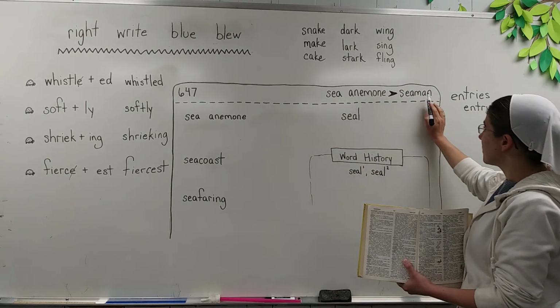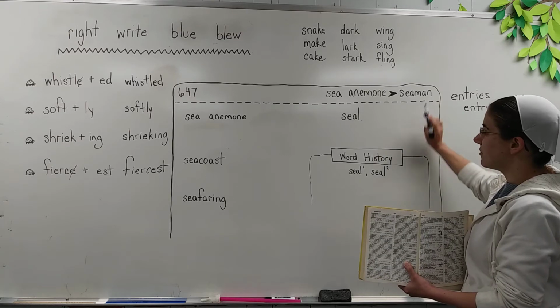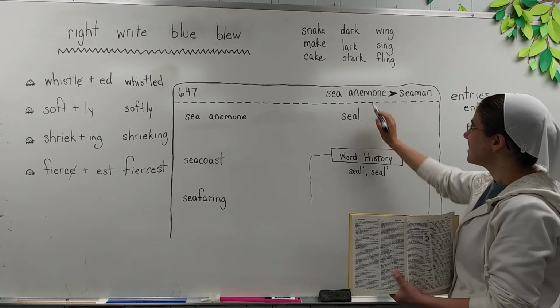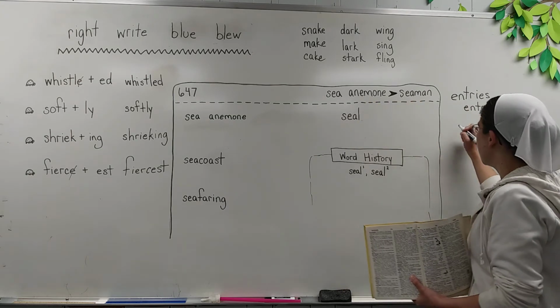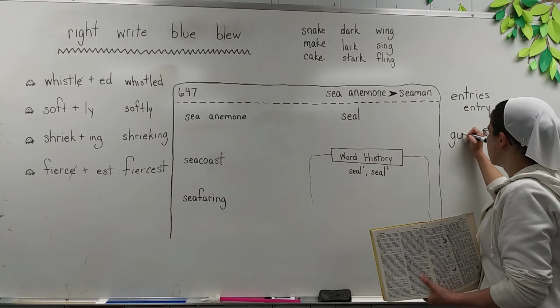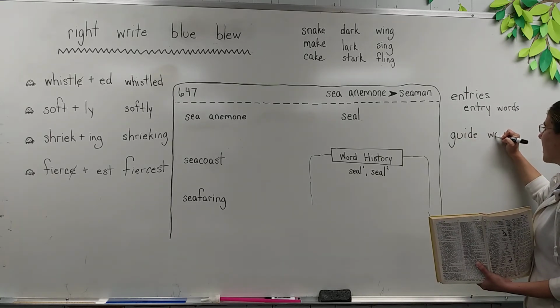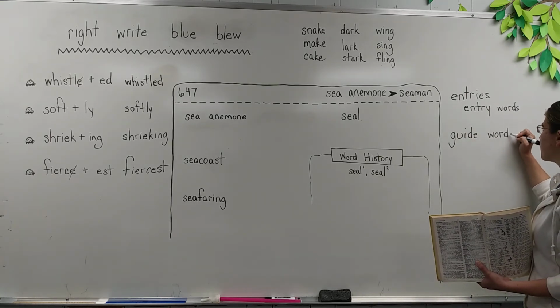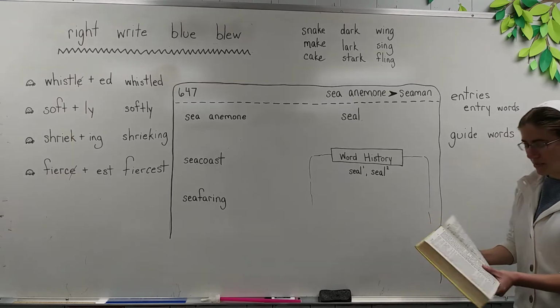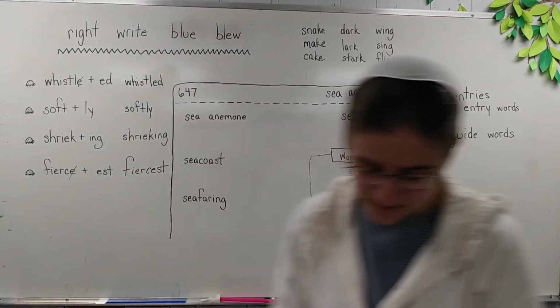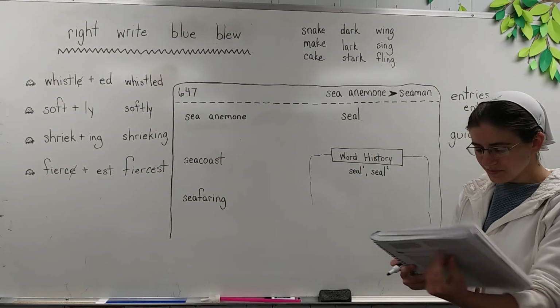And the guide word on the right side shows what our very last entry word on that page will be. Okay? So these are called guide words. The guide words tell us the first and last entry word on the page.